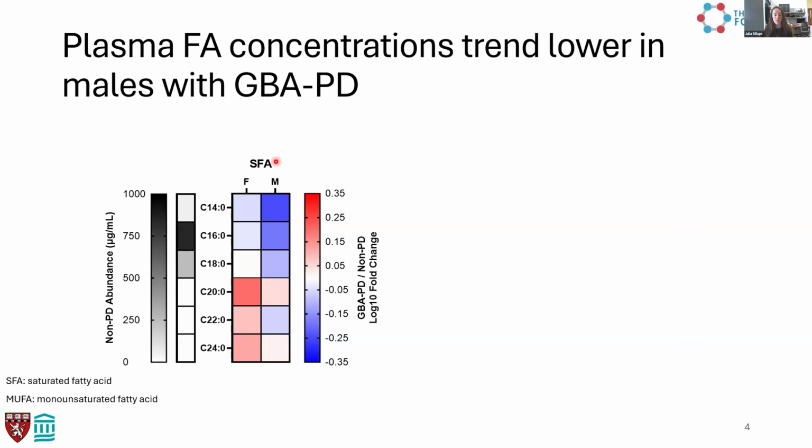So for saturated fatty acids, we see that males with GBA-PD have a trend for lower, shorter chain saturated fatty acids compared to non-PD individuals, whereas females with GBA-PD are trending to have higher concentrations of longer chain saturated fatty acids compared to non-PD individuals.